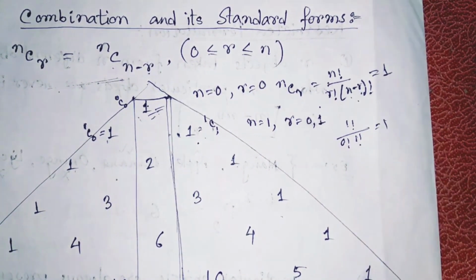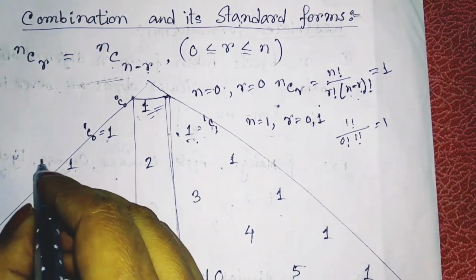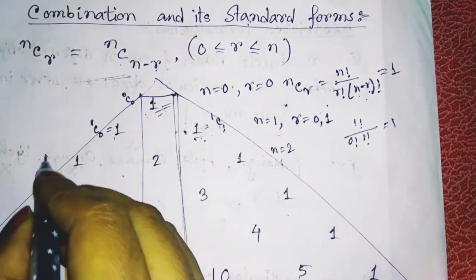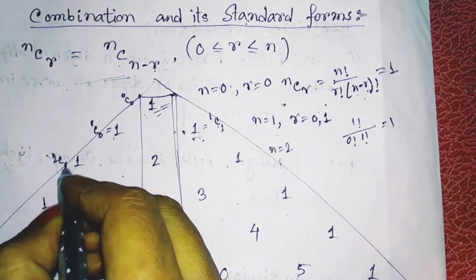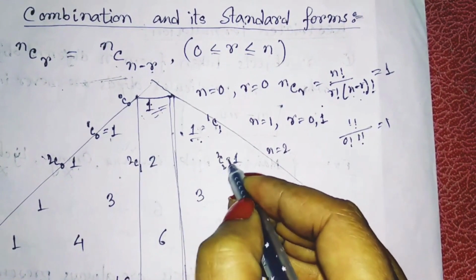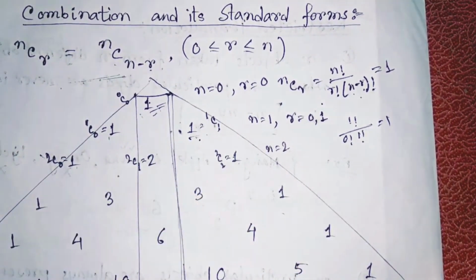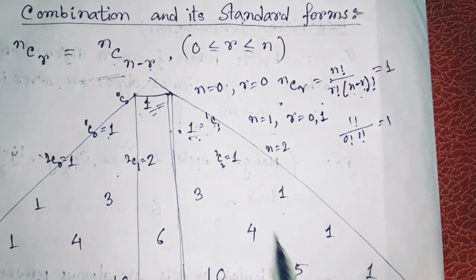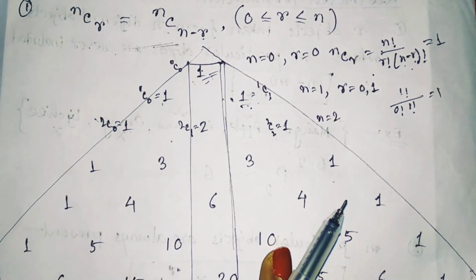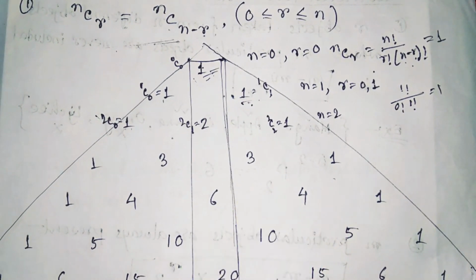So it is 1. Similarly this one. Next one, here n is equal to 2. So it is 2C0, this is 2C1 and this is 2C2. So look, in this way, if you just go down, you will find that n will be increased and accordingly the different r values.